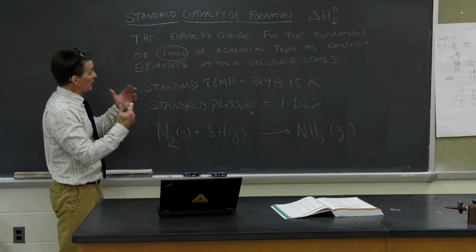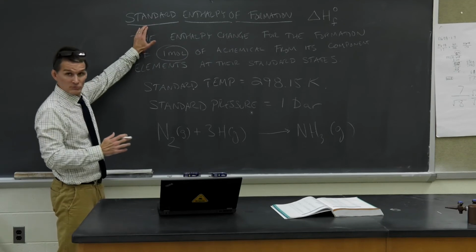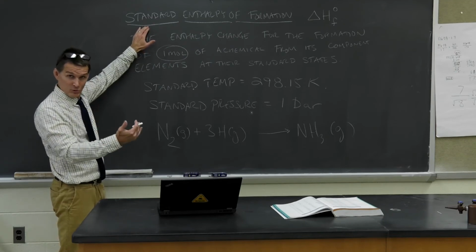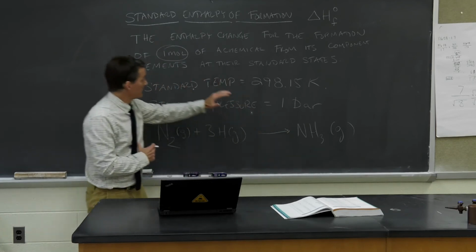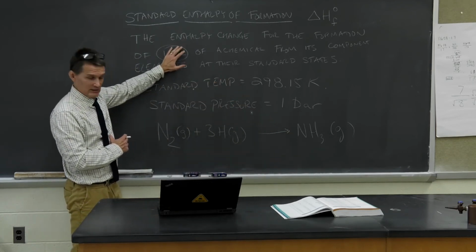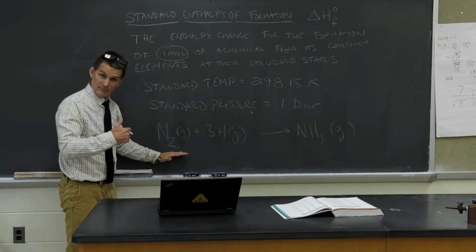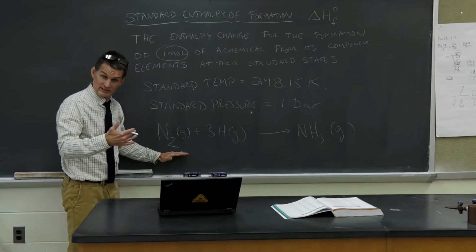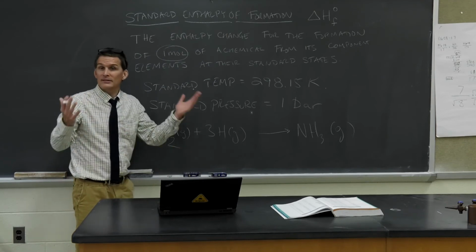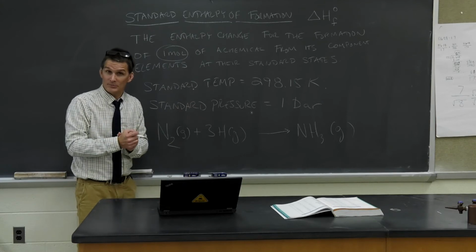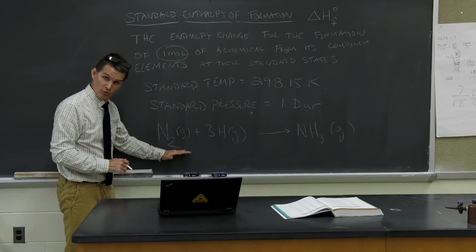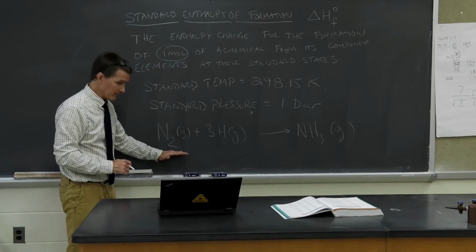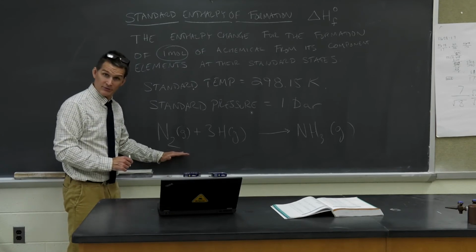So when we're writing the chemical equation for the formation of something from its elements in their standard states, we have to think about how that substance exists normally at the temperatures and pressures that we normally experience in the classroom. So this would be the appropriate way to list the element in its standard state for nitrogen.